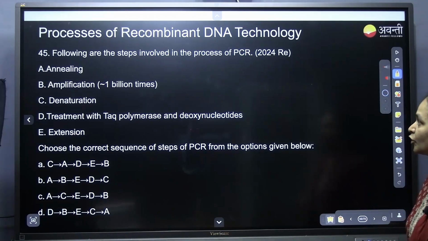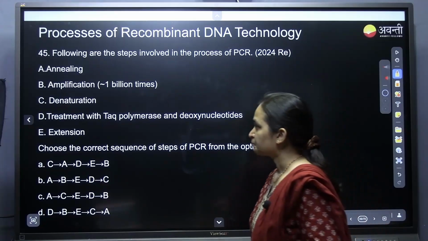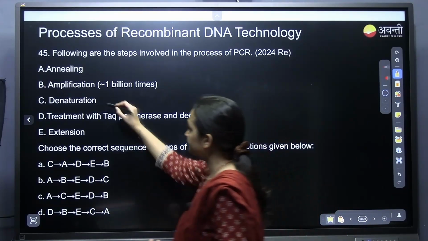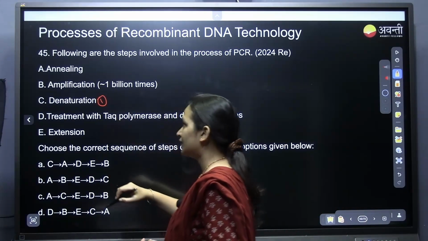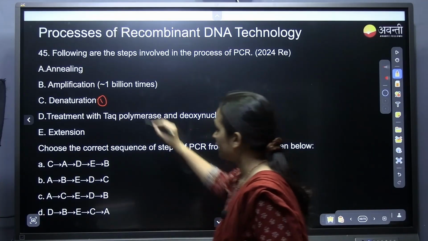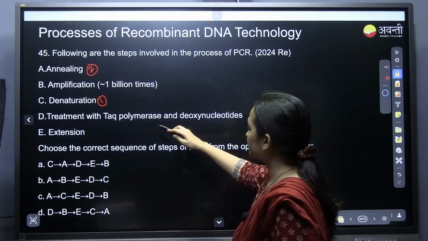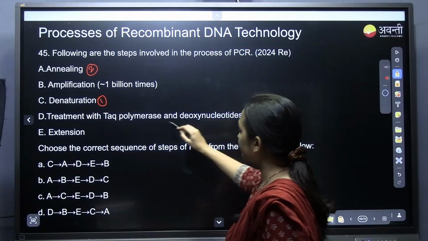Now, the process of recombinant DNA technology. Following are the steps involved in the process of PCR. We need to find the correct sequence. First will definitely be denaturation, then annealing. Then for amplification, before that we treat with the Taq polymerase and deoxynucleotides.